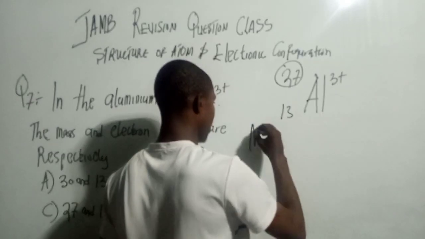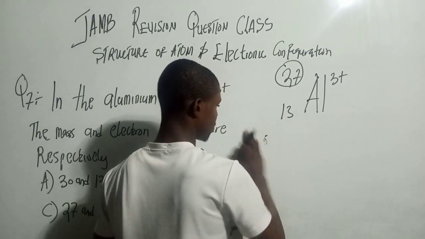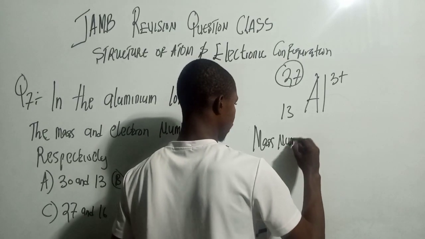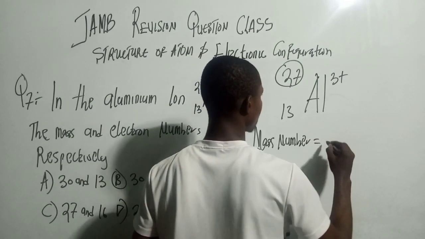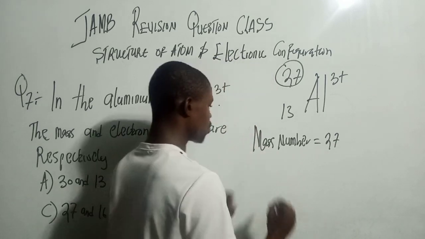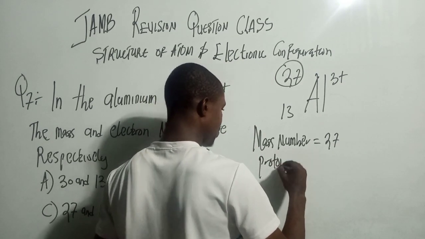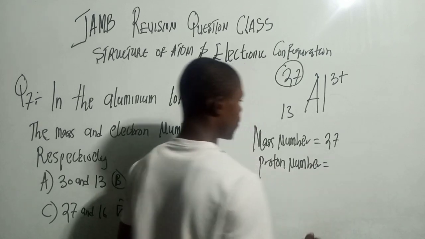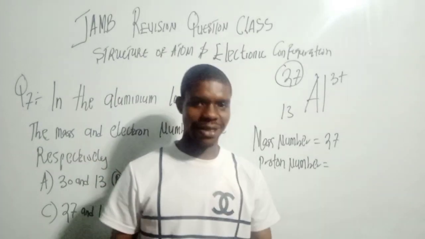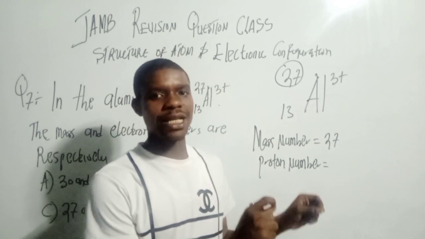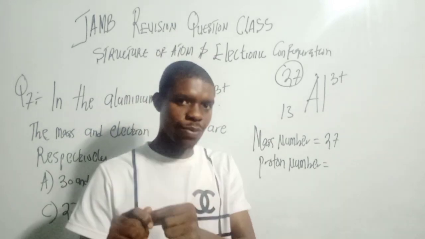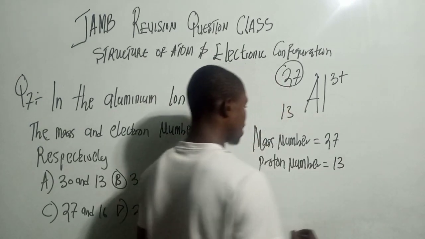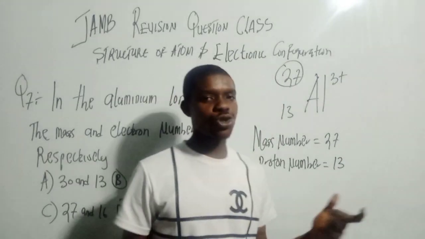So the mass number is equal to 27. Now, proton number and atomic number are the same. The number of protons in an atom is known as the atomic number. Do you get that? So it's 13.